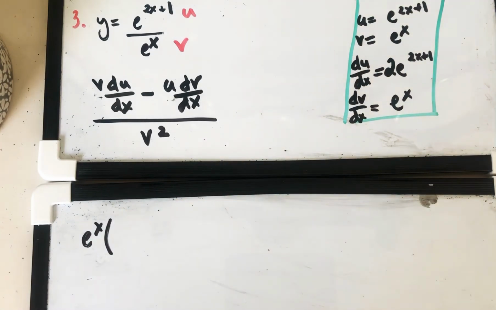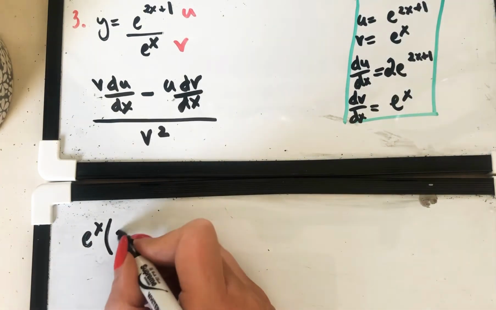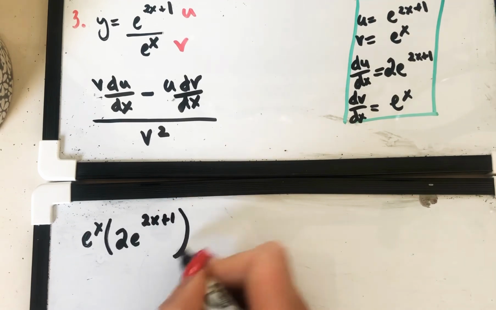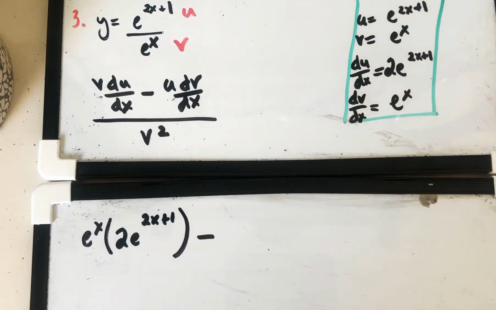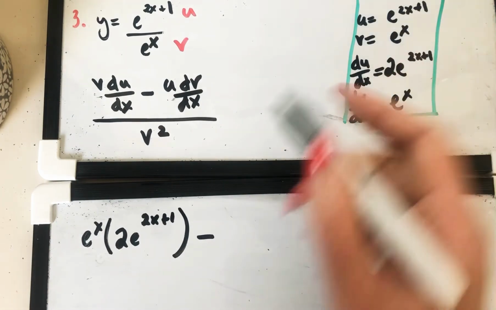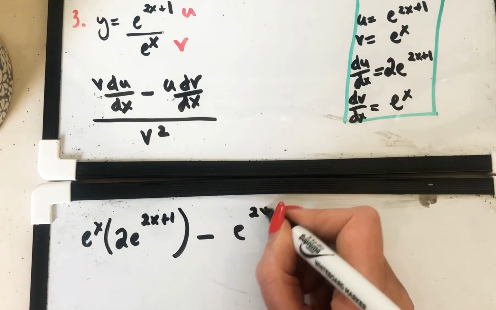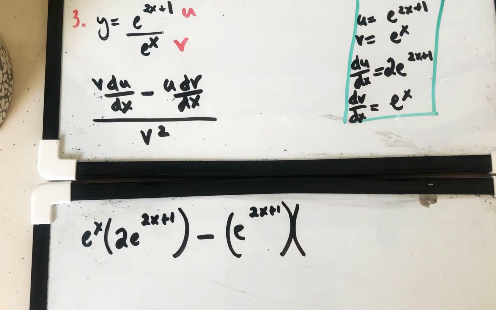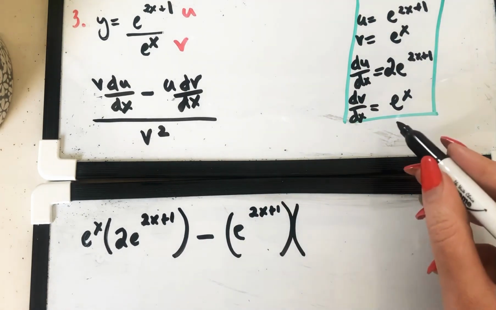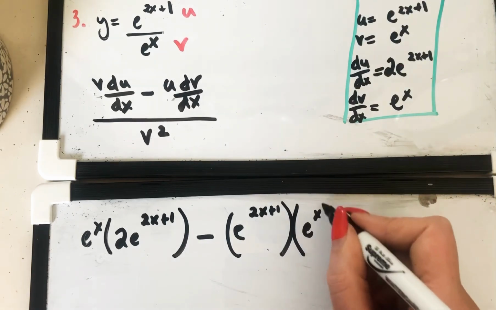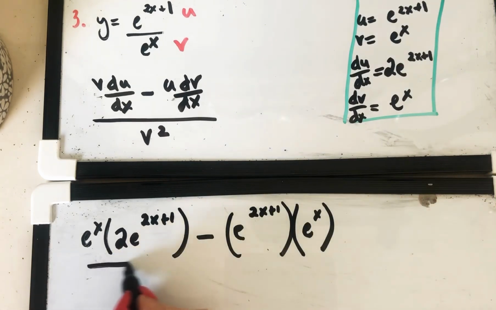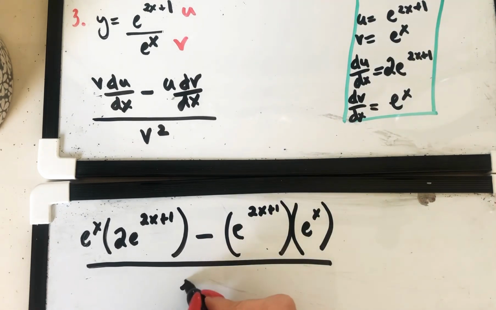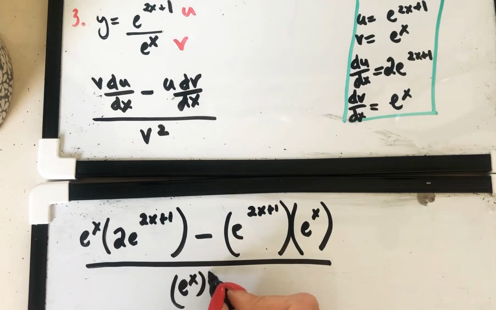And we're multiplying that by du/dx, which is 2e to the 2x plus 1, minus u. Our u is e to the 2x plus 1. And we are multiplying that by dv/dx, which is e to the x. And this is all over v squared. So we have e to the x, all squared.